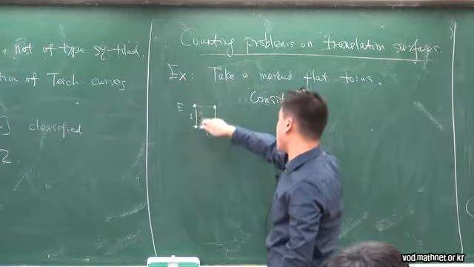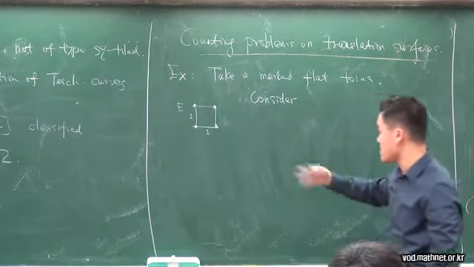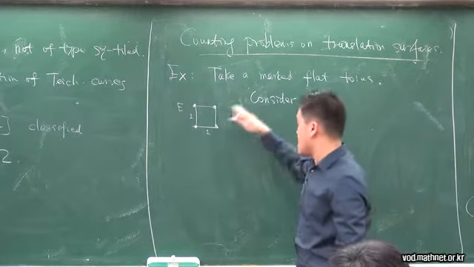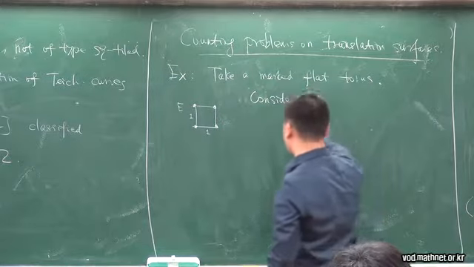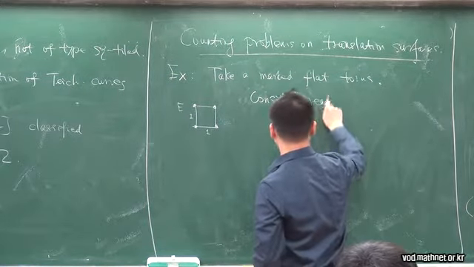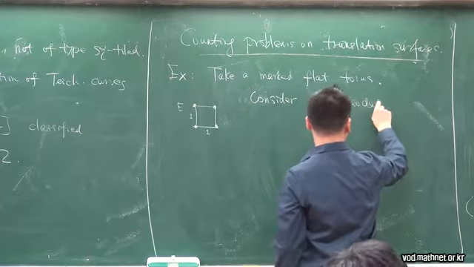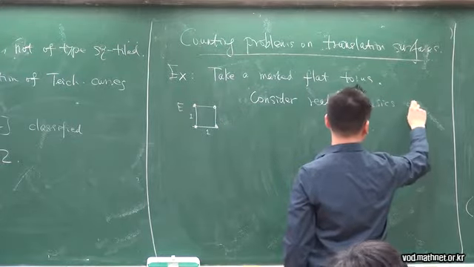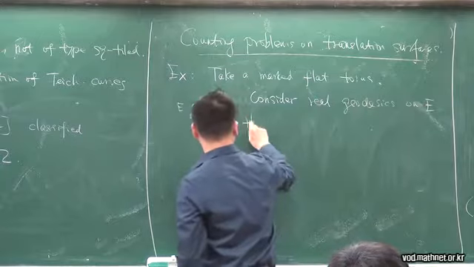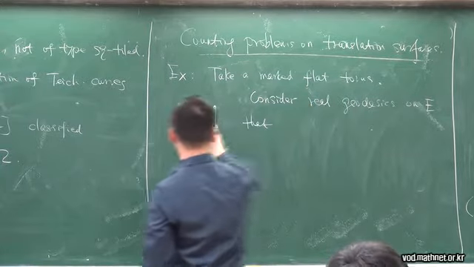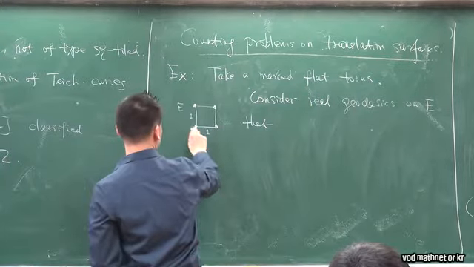We always consider this flat torus with the standard Euclidean metric, just straight lines. We call them real geodesics, just straight lines on E. Let's call this marked point P.